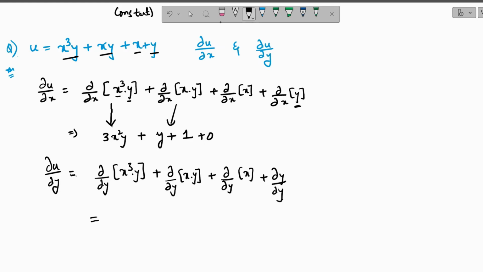So what will be the answer here? Here we have to differentiate with respect to y. X is treated as constant. So x cube dot 1 plus x dot 1 plus the differentiation of x with respect to y is 0 because x is constant. Plus 1. This is the answer.